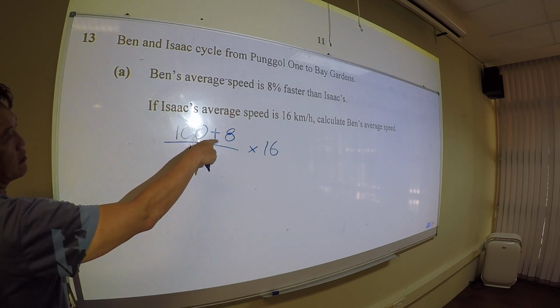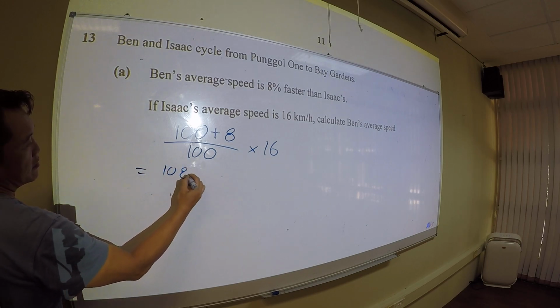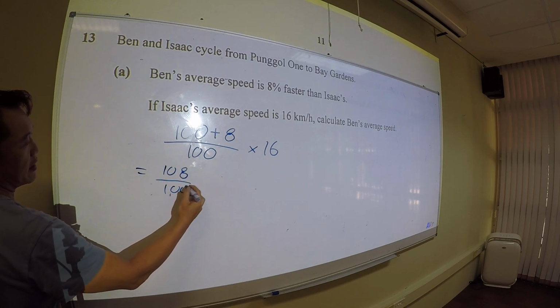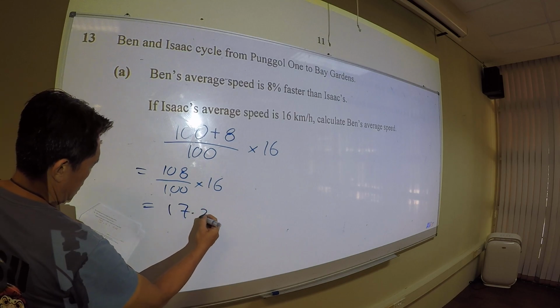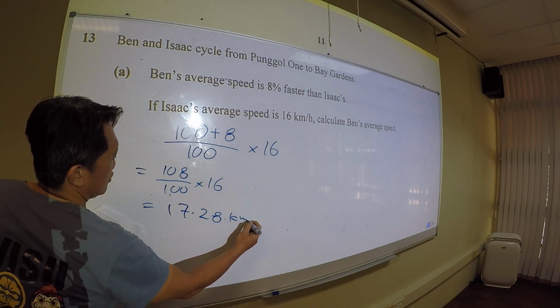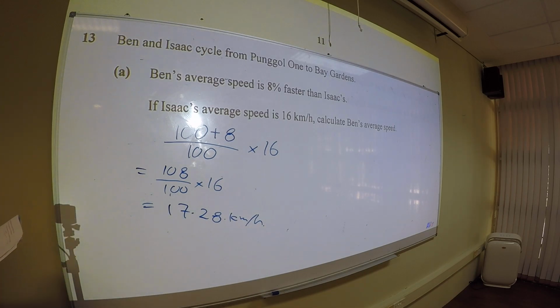Okay, then after that, we find how much is 8% faster than 16. 100% is 16, so 8% faster is 108% divided by 100.